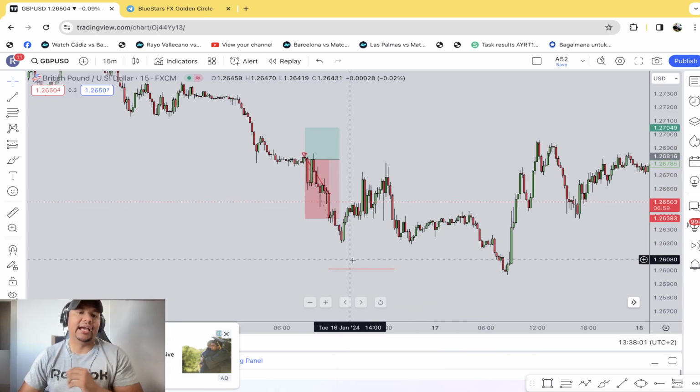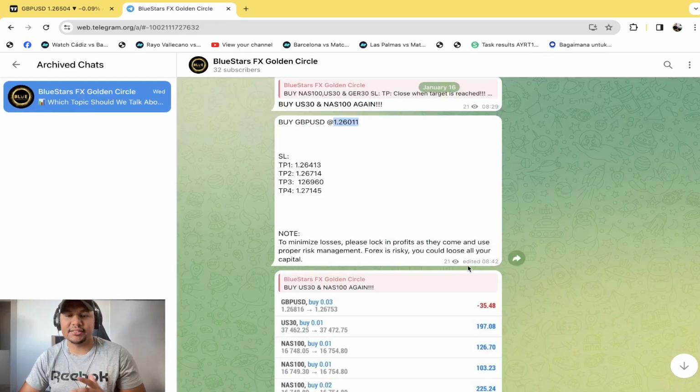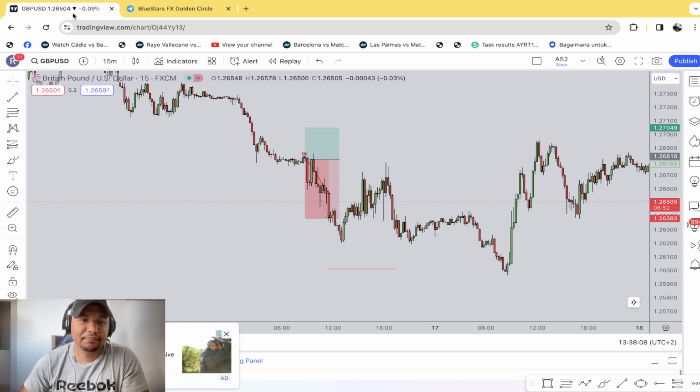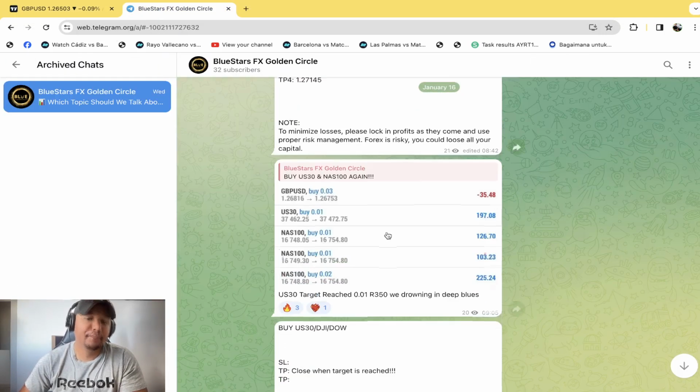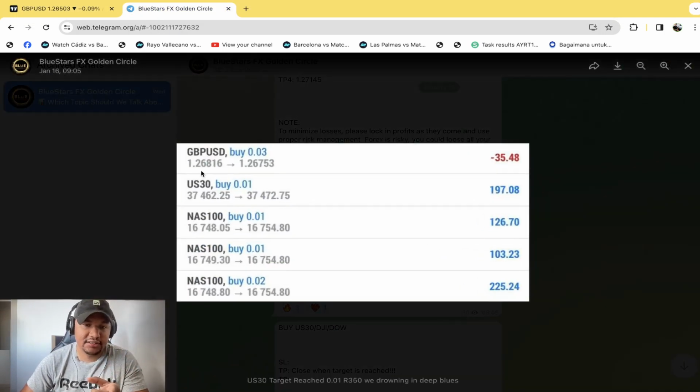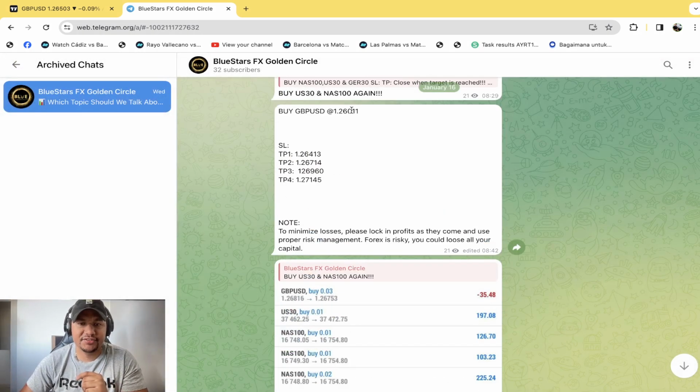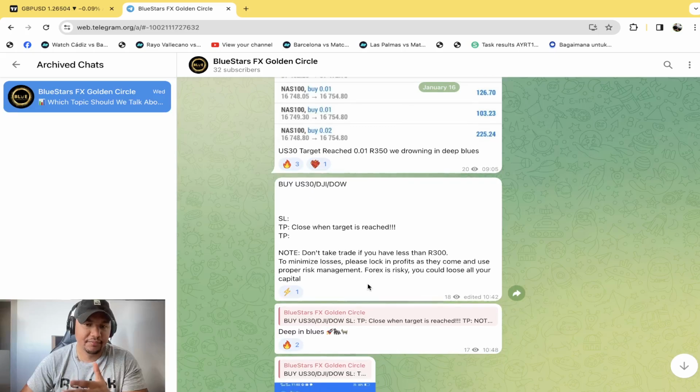So I don't know. Another thing is it says here edited, so I'm not sure. These prices don't even make sense compared to the actual trade that was taken, because these are two totally different prices, right?